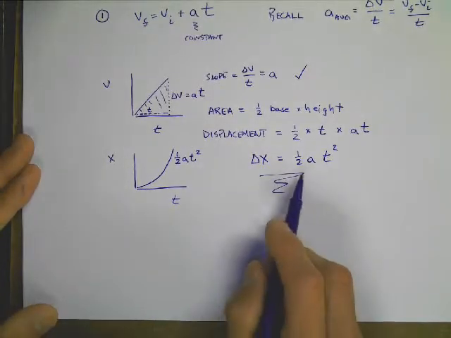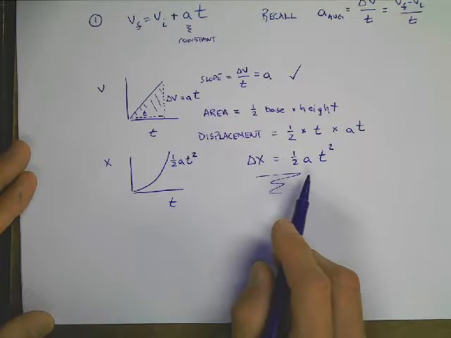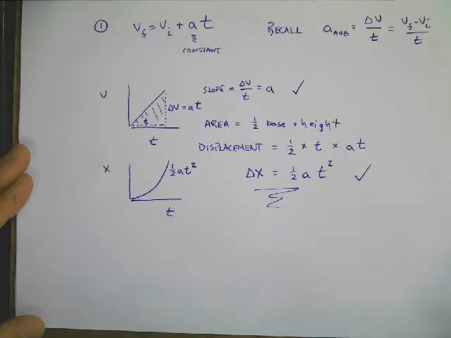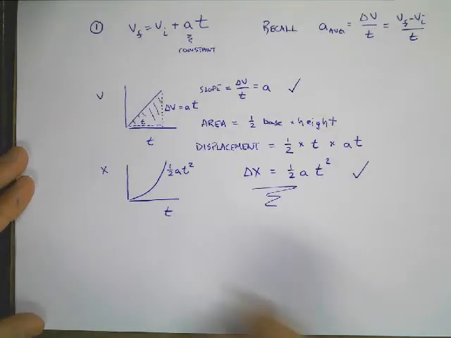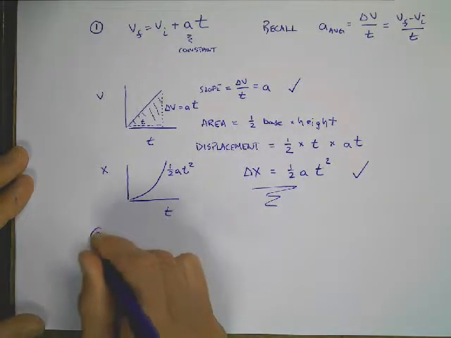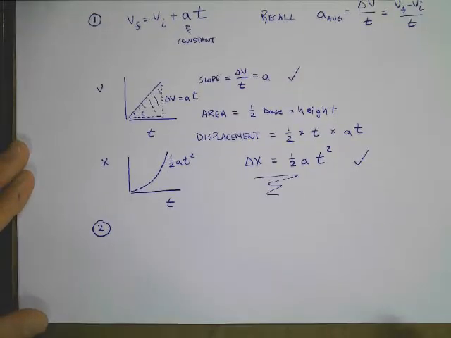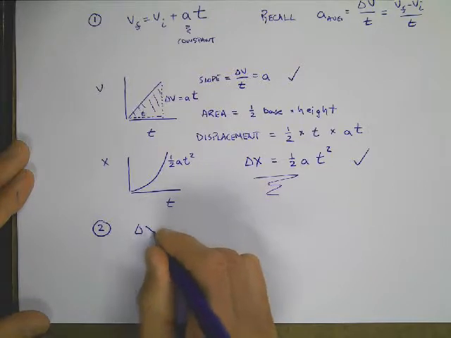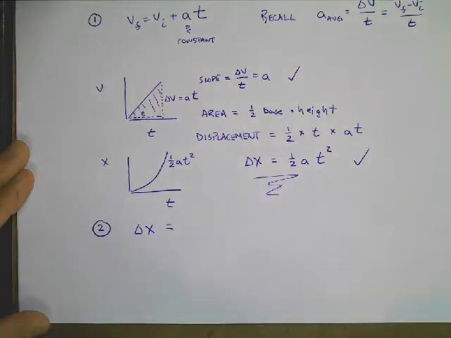Okay, now we're going to use that formula in a minute. It's really helpful to know it, and we're going to blend it into one of our big formulas. Before I do that, let me throw another formula in here. Let me show you a different way to find displacement. Again, coming back to the graph.